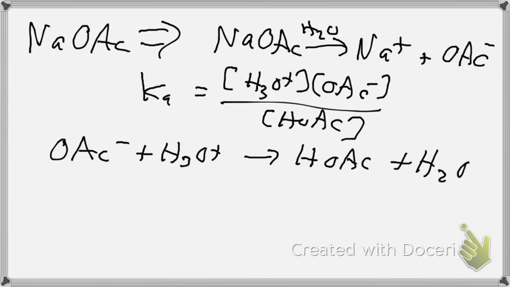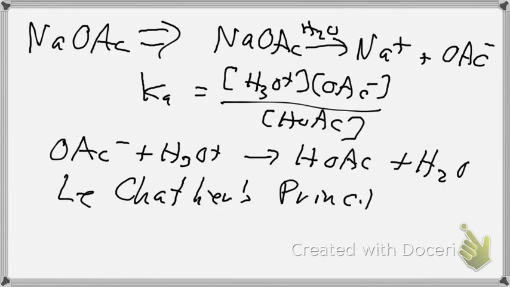In other words, as soon as I add the acetate, this is bigger than it should be. If I run this reaction, the acetate goes away and the HOAc comes back, so this becomes smaller. This is an example of what's called Le Chatelier's principle.